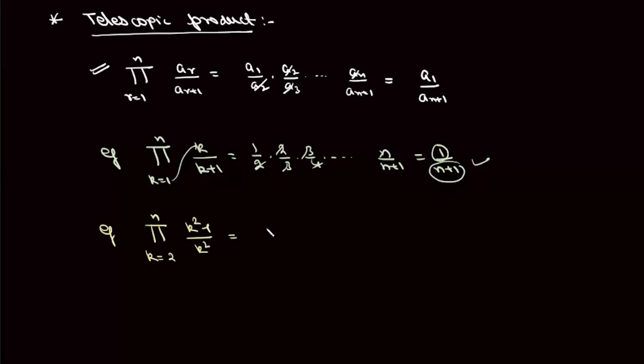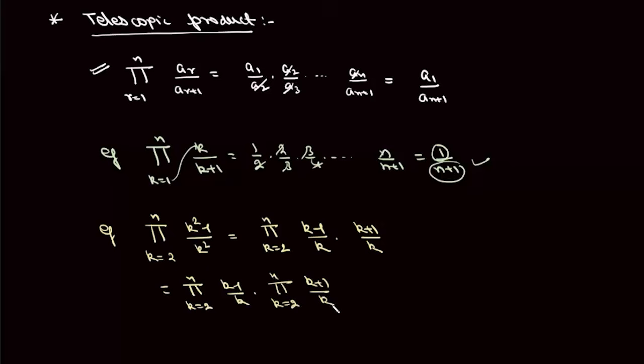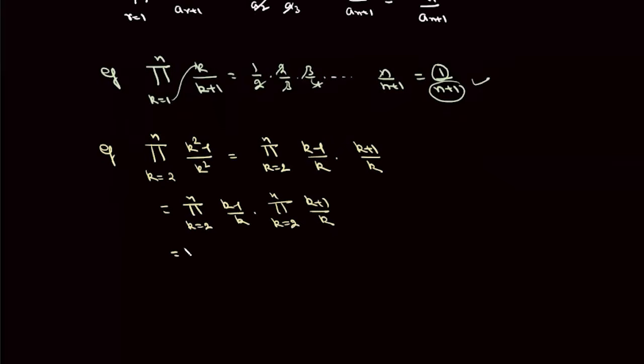Now here we can write this as the product, K varies from 2 to N, (K minus 1) upon K into (K plus 1) upon K. Basically this is the product of (K minus 1) upon K, K from 2 to N, into the product of (K plus 1) upon K, K from 2 to N. Now if we telescope them separately, the first one will be (2 minus 1), 1 upon N. And the second one is A_(R+1) upon A_R, so it will be N plus 1 upon 2.